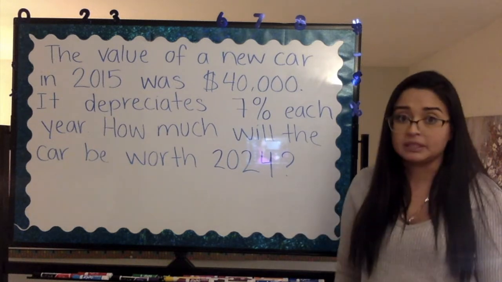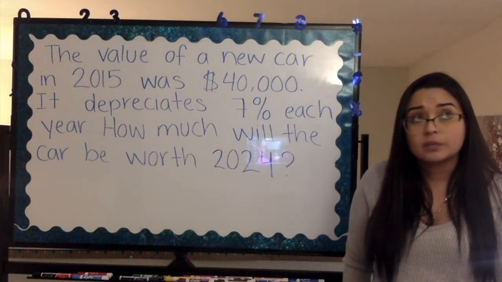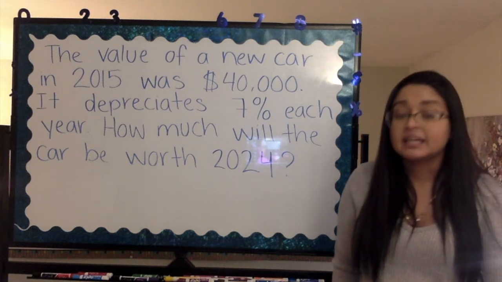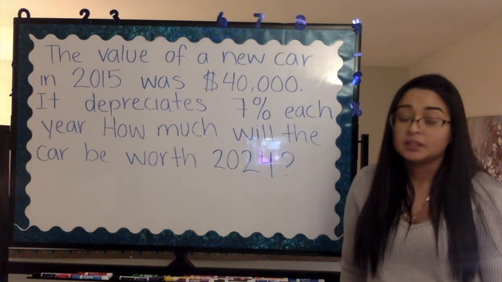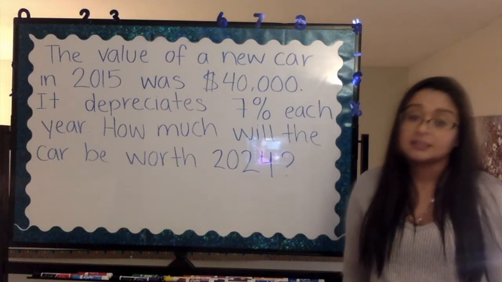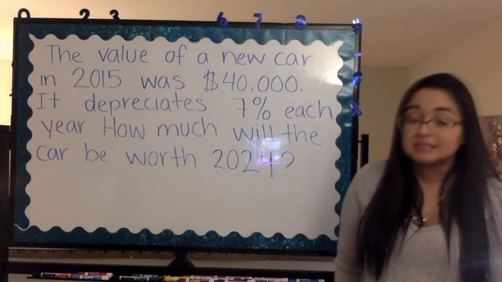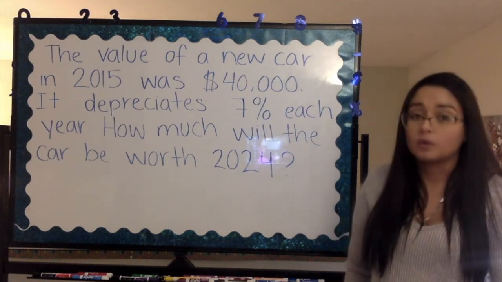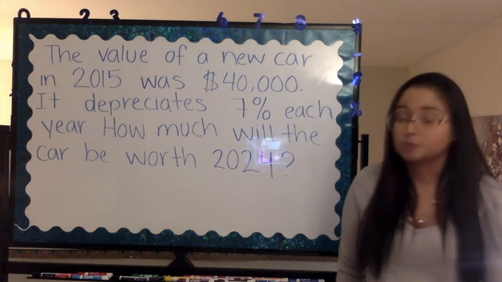Now, very quickly, what it means to depreciate is that it loses its value. So each year that passes, the car loses 7% of its whole value, which is $40,000.